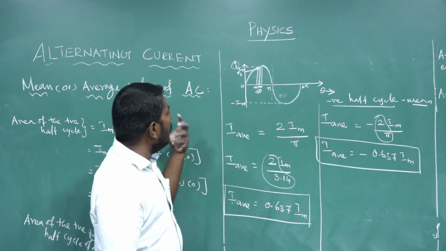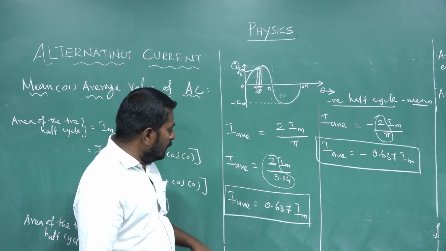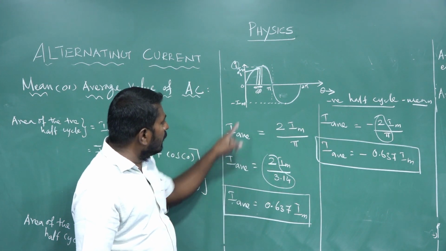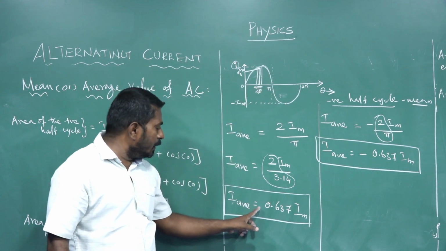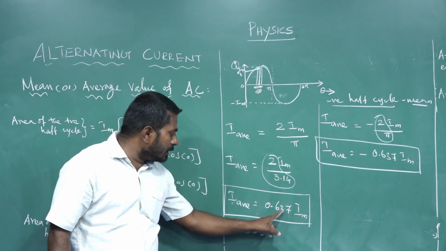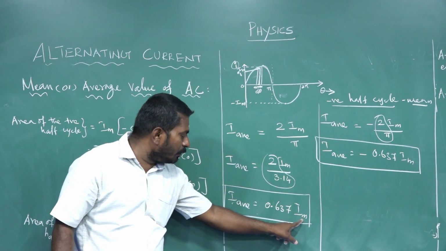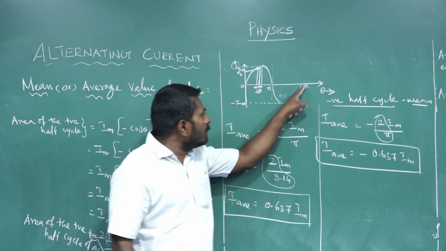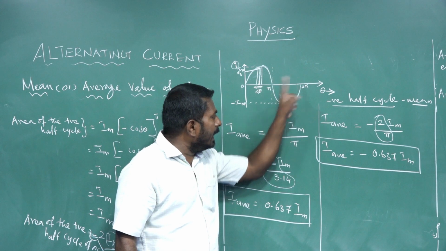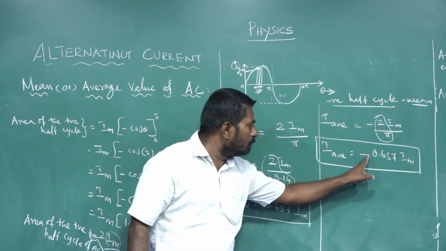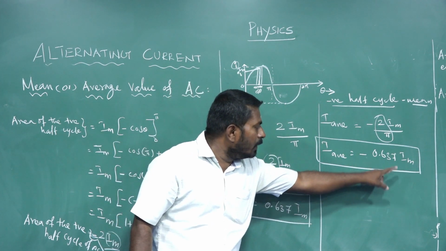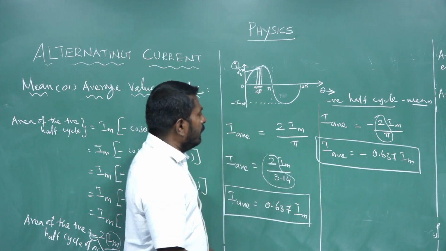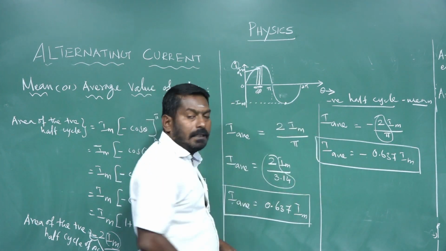Then the average value of alternating current during the positive half cycle is 0.637 times the amplitude, or over a negative half cycle it is equal to minus 0.637 times the peak value of alternating current.